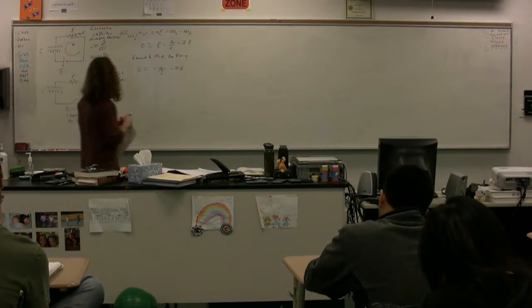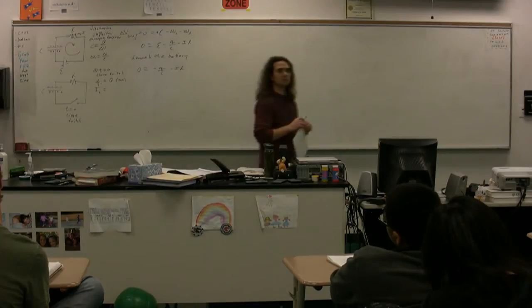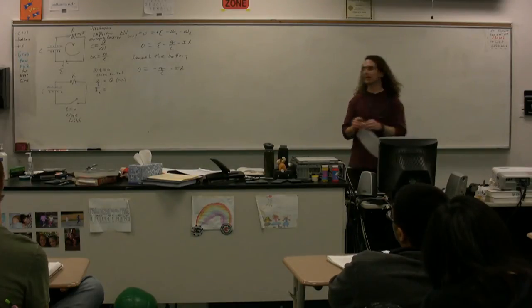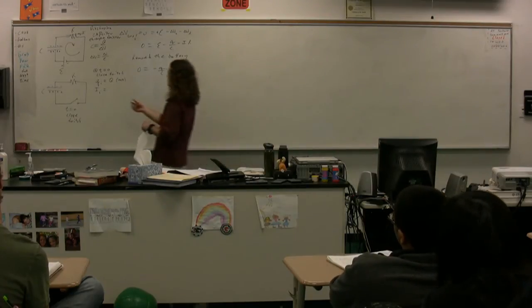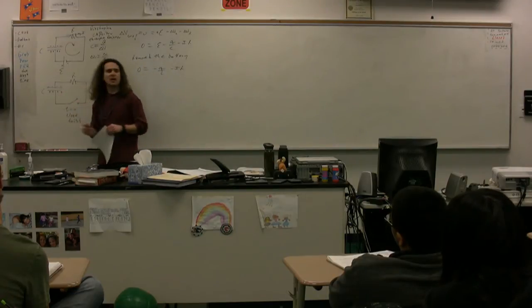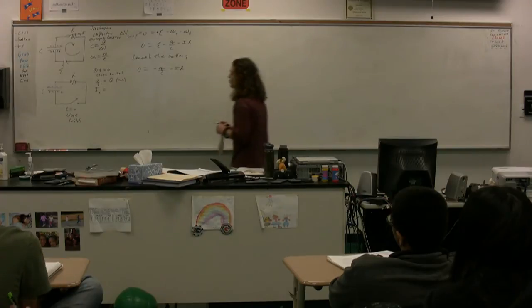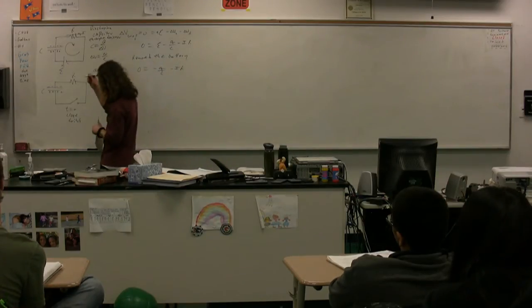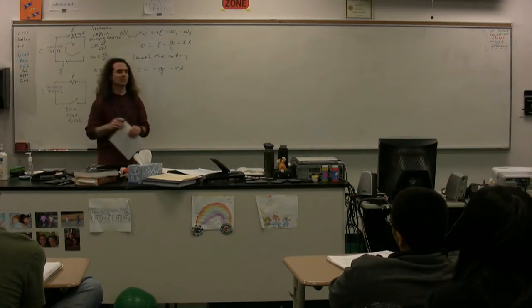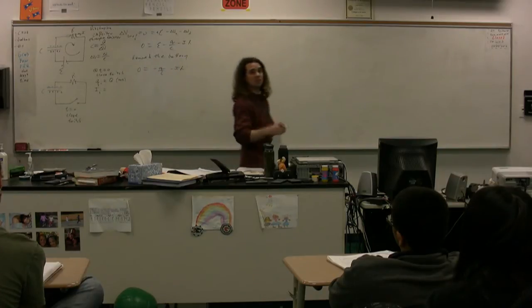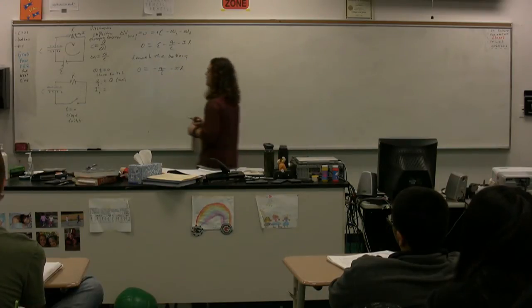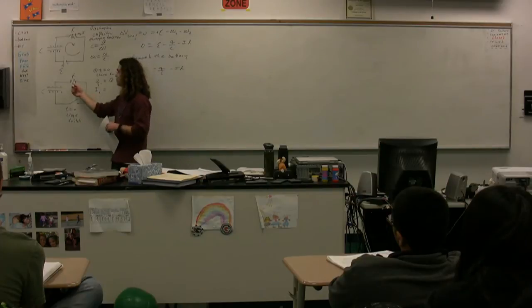Because as soon as we flip that switch, current is going to start to flow. What's going to happen to the charge across the capacitor as a function of time, class? It's going to decrease. What then is going to happen to the electric potential difference across the capacitor as a function of time? It's going to decrease. So what do we know then about the current through the resistor?